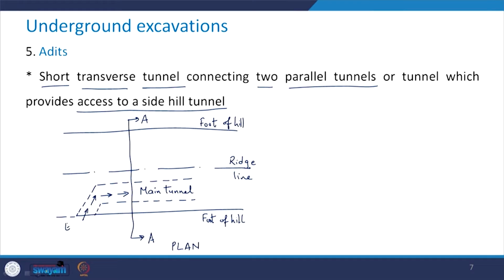This is entry. So, this is called an adit. And how it will look like if I just take the cross section along this section AA.